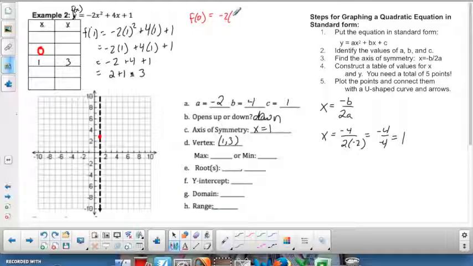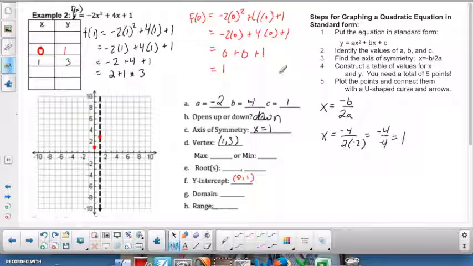That's going to be -2 times 0 squared plus 4 times 0 plus 1. 0 squared is 0. -2 times 0 is 0. 4 times 0 is 0. And I'm adding 1. And 0 plus 1 is 1. So that means that the point 0, 1 is going to be my y-intercept.